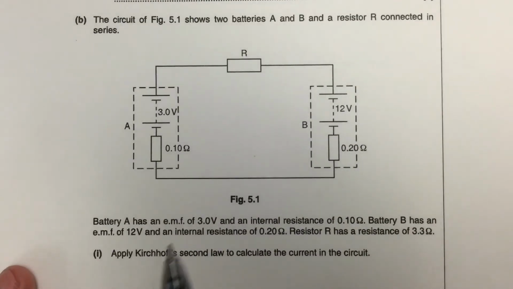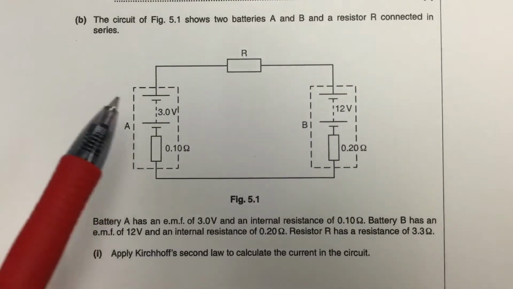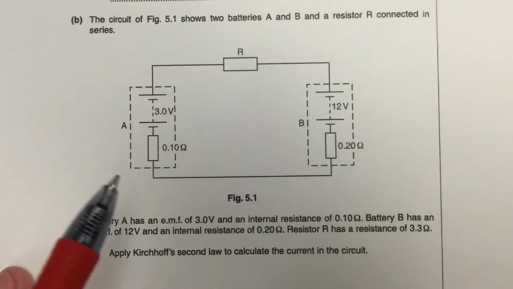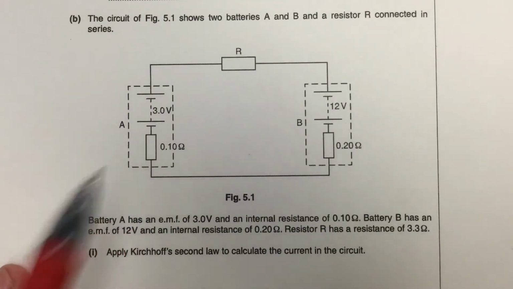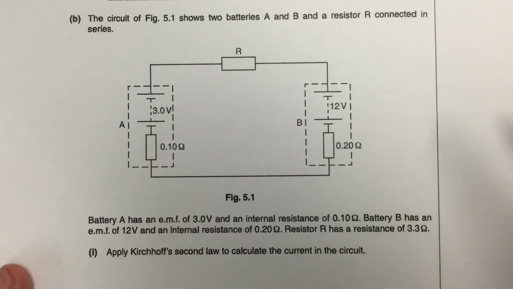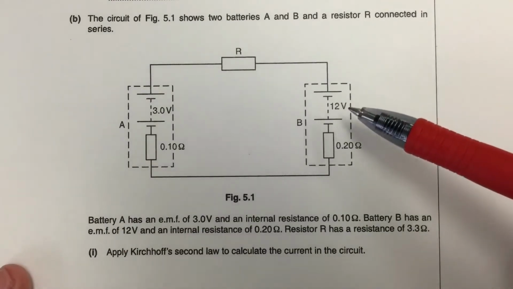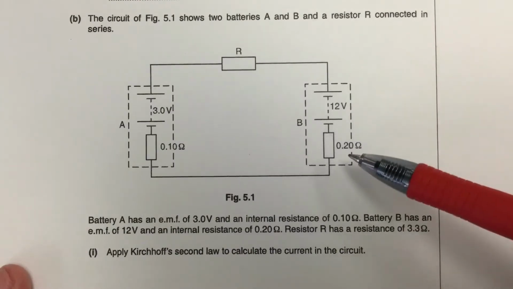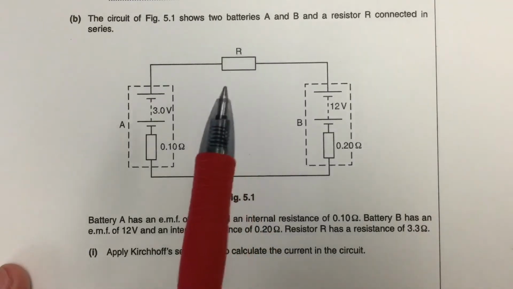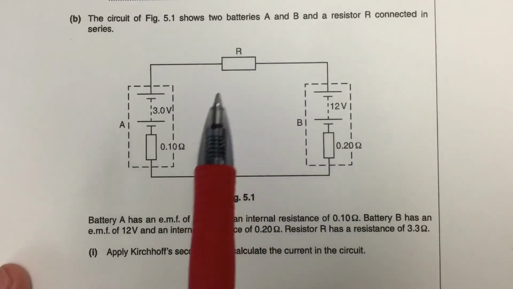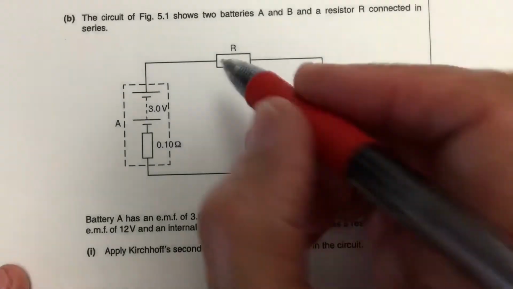Battery A has an EMF of 3 volts and an internal resistance of 0.1 ohms. Battery B has an EMF of 12 volts and an internal resistance of 0.2 ohms. The resistor R has a resistance of 3.3 ohms.